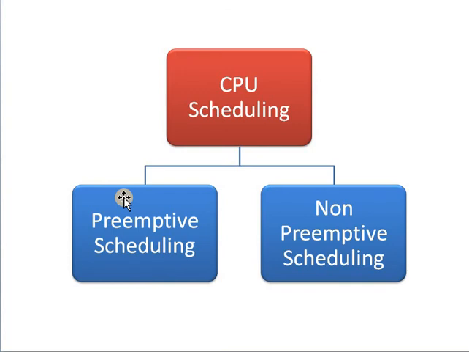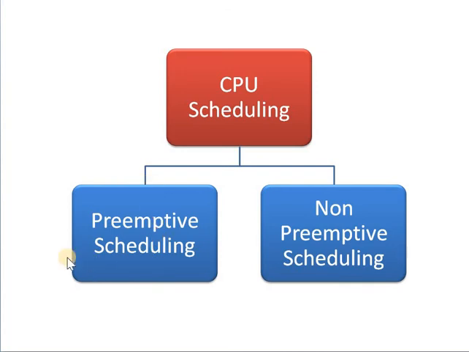At times, it is necessary to run a certain task that has a higher priority before another task, although it is running. Therefore, the running task is interrupted for some time and resumed later when the priority task has finished its execution.